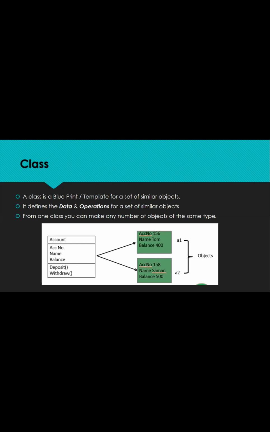Understood? You pick one object from that rack. There are many objects under one class. Is it clear? An object class, you can simply say, is a blueprint or template.